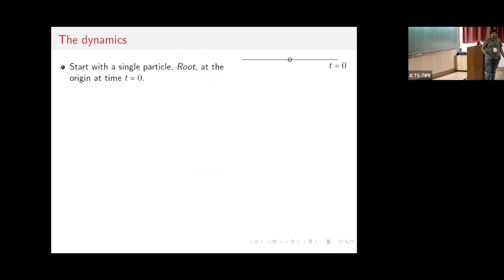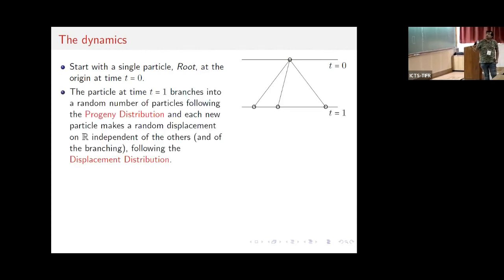Now, what is the dynamics? Let me at least explain that nicely. Basically, you start with one particle at the origin. We call it the root. This is at time 0. In my description, at least in this model, time is going to be discrete. At time 1, this particle splits into a random number of particles, and each particle makes a displacement independent of each other and independent of how many particles were born.